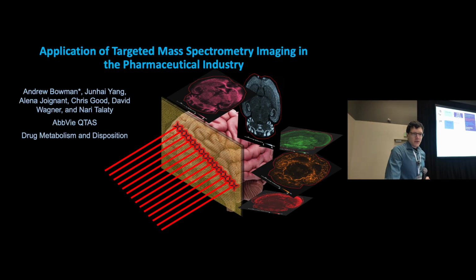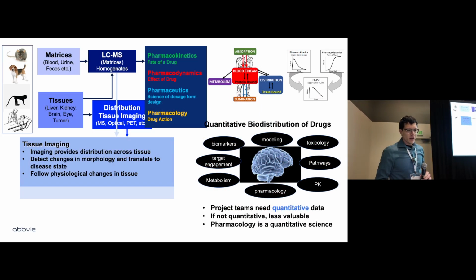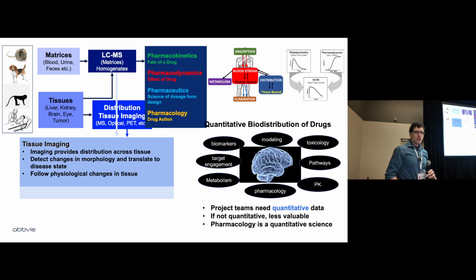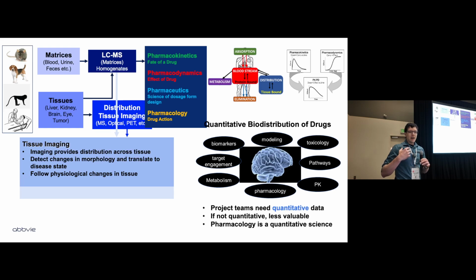And so for pharma as a whole industry, one of the things that we are very used to doing is looking at drugs for pharmacokinetics, pharmacodynamics, trying to look into pharmaceutics and pharmacology from the perspective of looking at matrices.